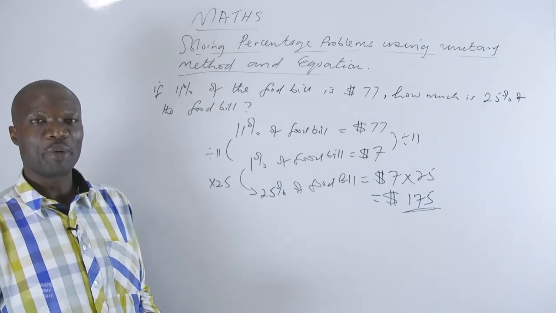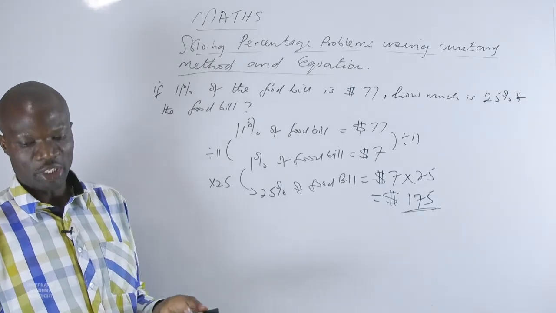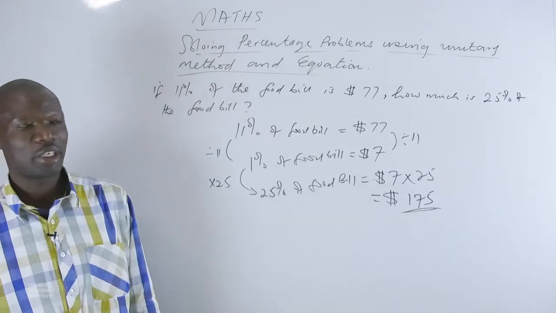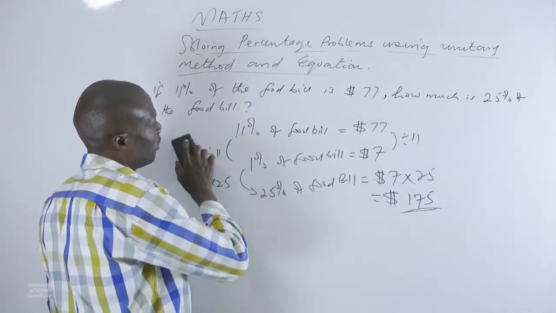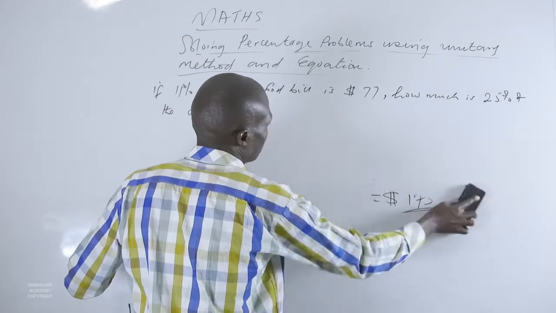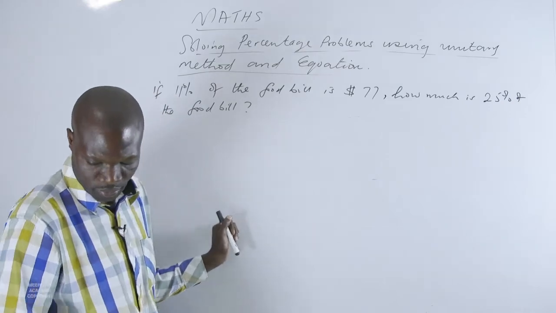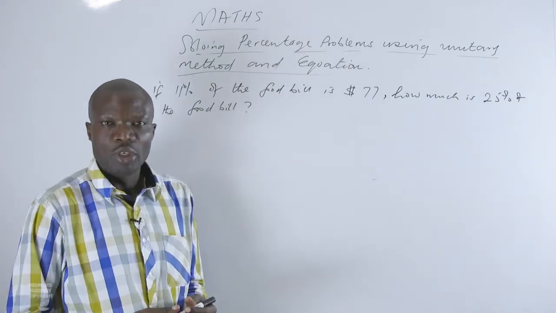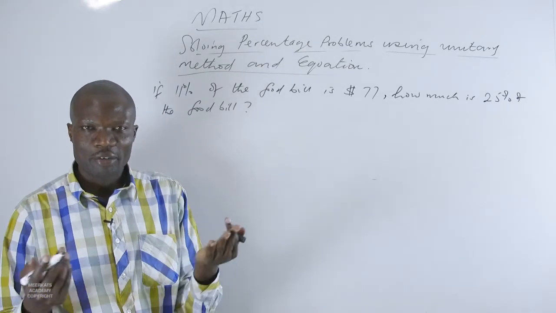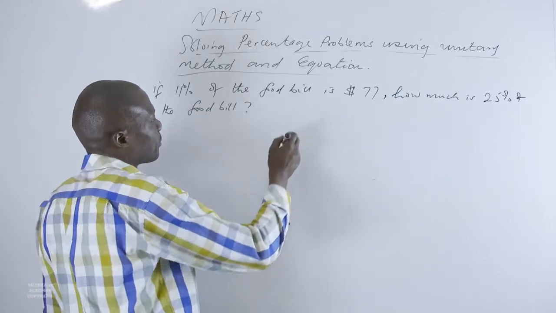Alternatively, we can have the plan B method here and see if it works, having known that the answer is $175. So let us assign the value for the food bill.